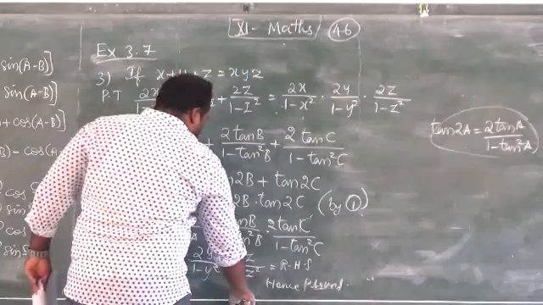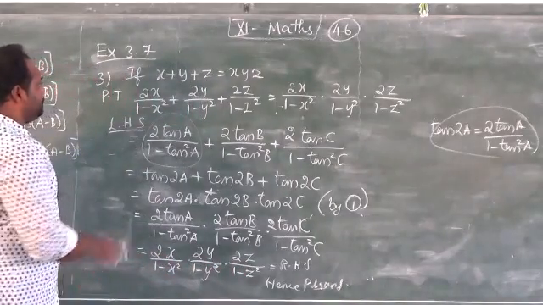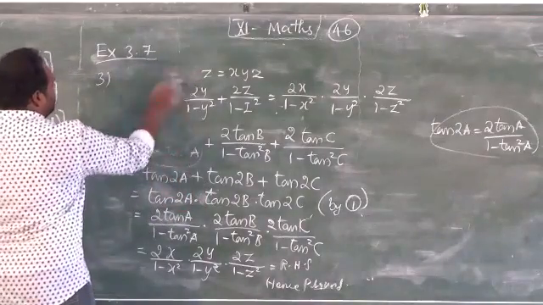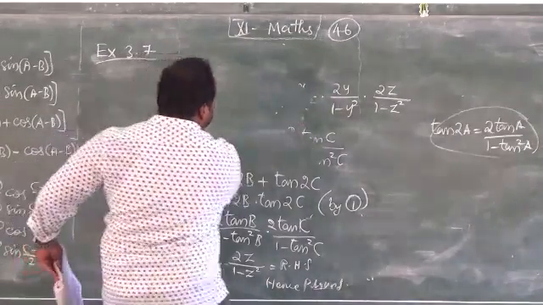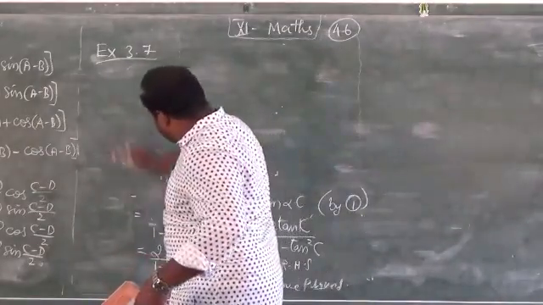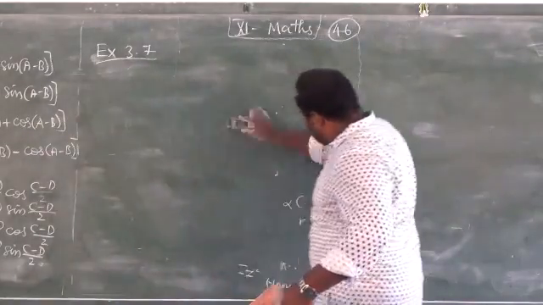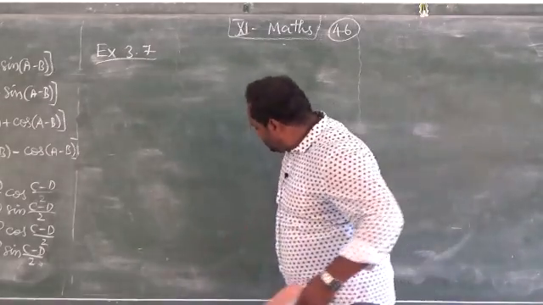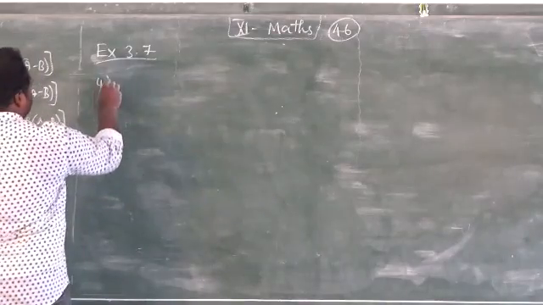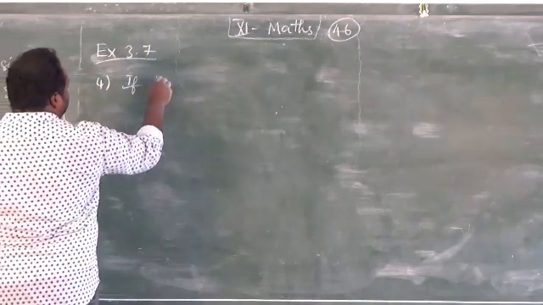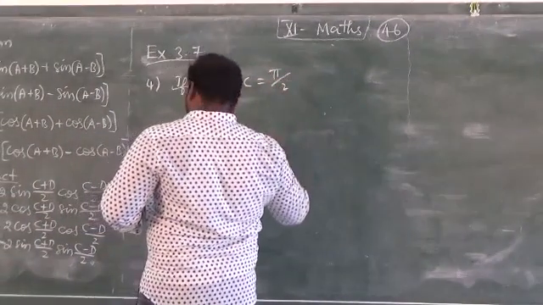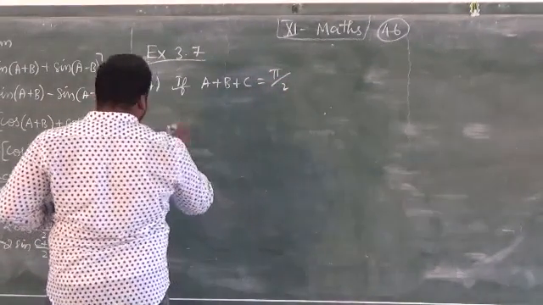Next, problem number 4. If a plus b plus c equal to pi by 2, I mean 90, prove that.